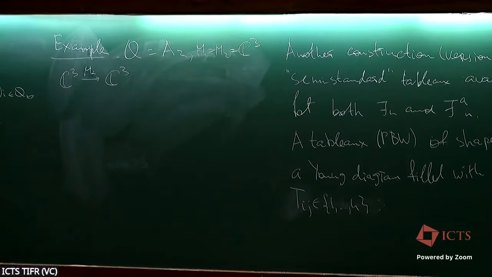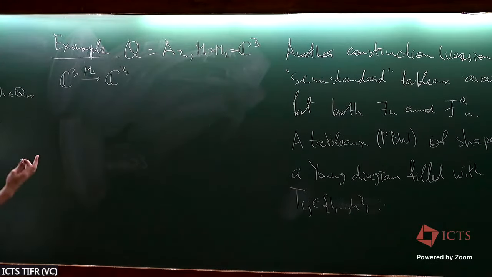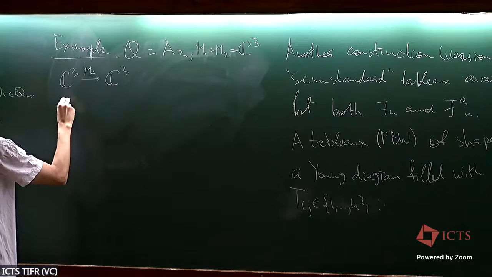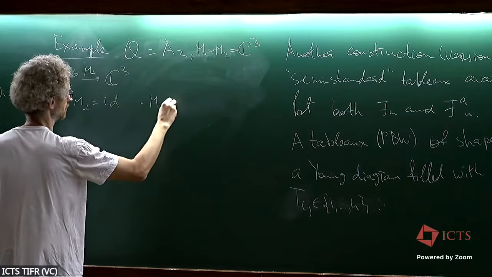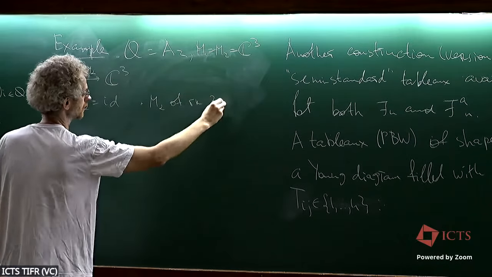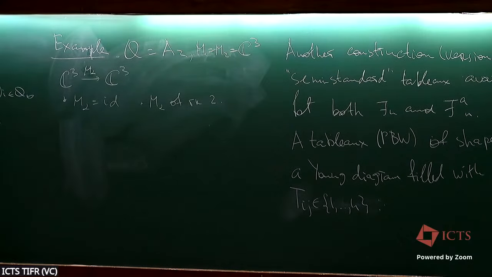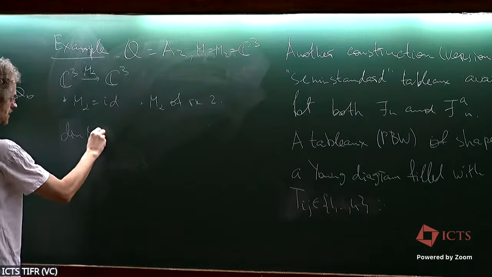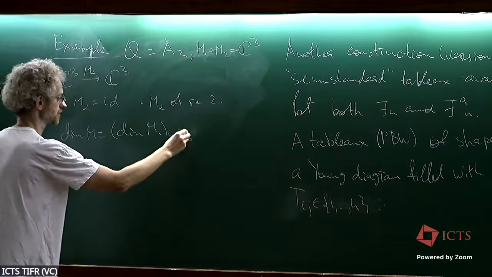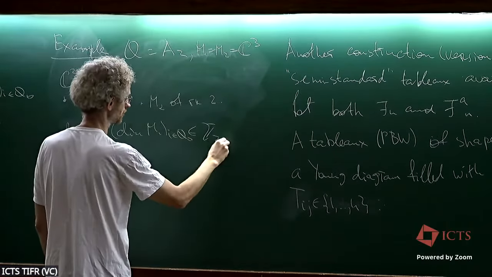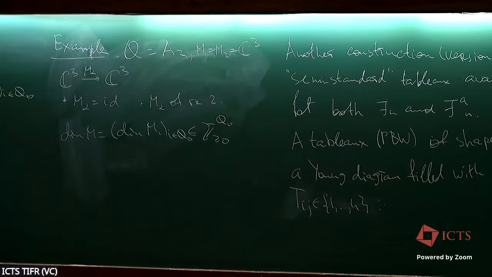For our purposes, we needed M alpha to be identity or of some rank. These were just examples of representations of the A2 quiver. The dimension of M is the collection of dimensions of Mi, a vector in Z greater than or equal to 0 to the power Q0. For any vertex, you attach a number, the dimension of this space.